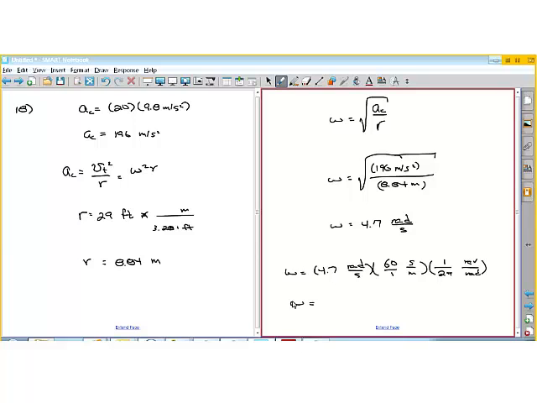So when you multiply that out, 4.7 times 60 divided by 2 divided by pi, and I get 45 revolutions per minute. You have to be careful. If we used M, we wouldn't know if that was meters or minutes, so you have to write it out.